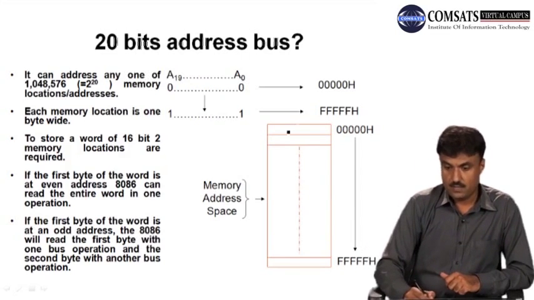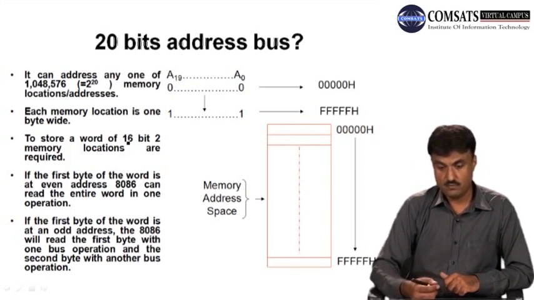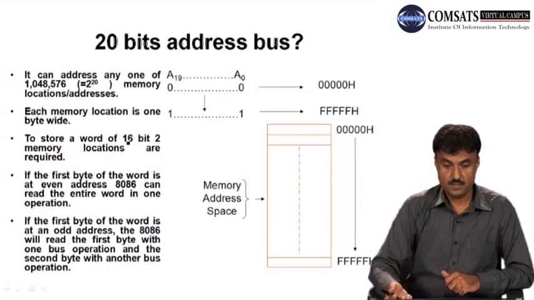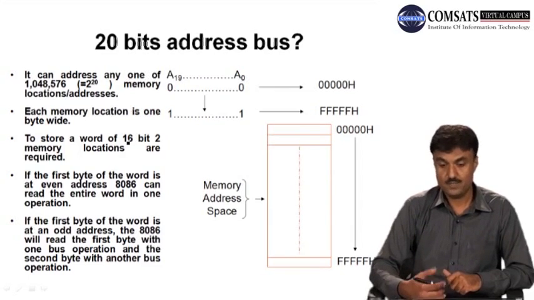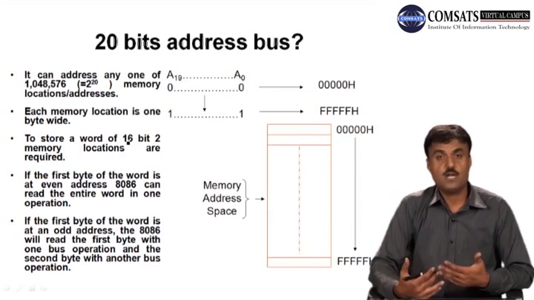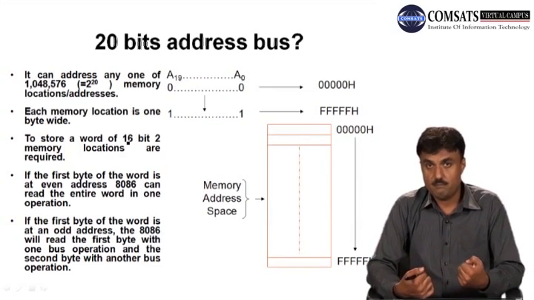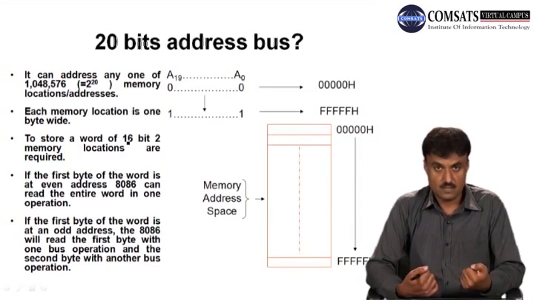So for a word size, it is like double word and quad word, or 16 bit or 32 bit, depending on what type of operands, whatsoever their size is.